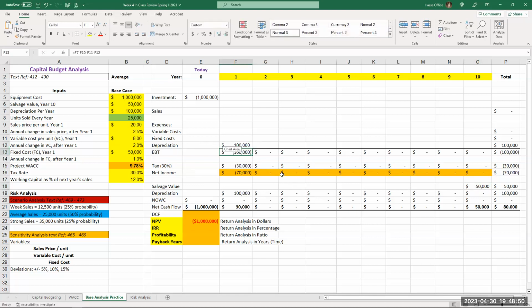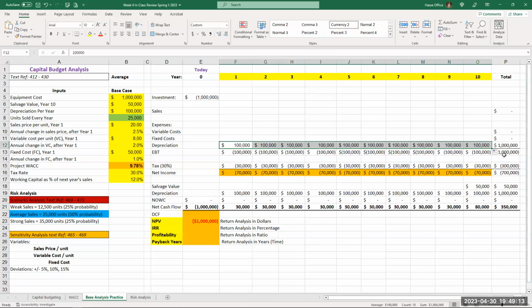It's an accounting entry to not spend any cash, but to expense and reduce tax liability by having an additional expense for writing off the value of the asset. In this case, it's a $1 million investment over a 10-year depreciable life. That means we're depreciating $100,000 a year.